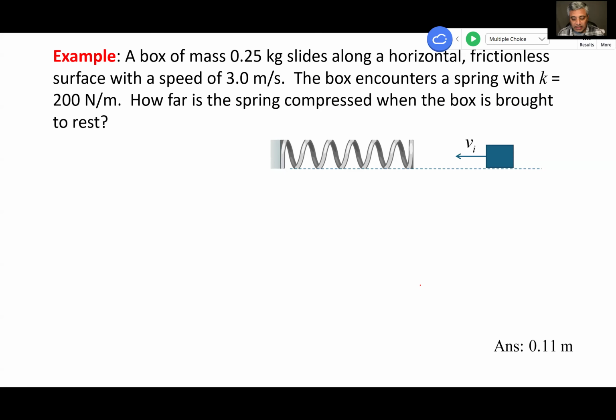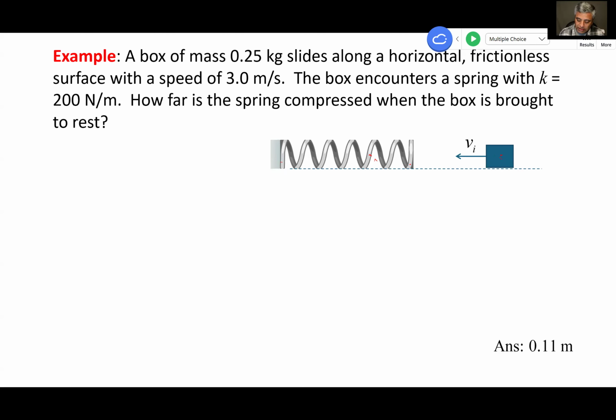So let's look at an example of using conservation of energy where a spring is involved, okay? So in this case, what's happening? There is this spring and there is a block, which is initially moving with some speed. So now we have this spring-mass system.